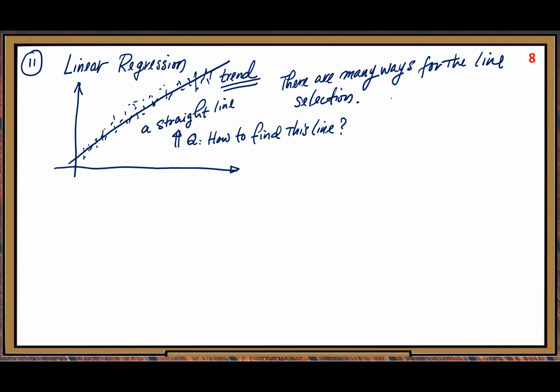But we want to find the best one, a line that can approximate the whole set of data points in a certain optimal criterion.